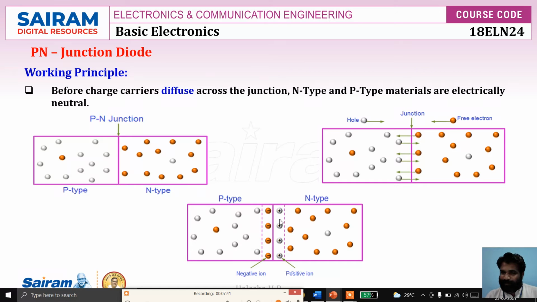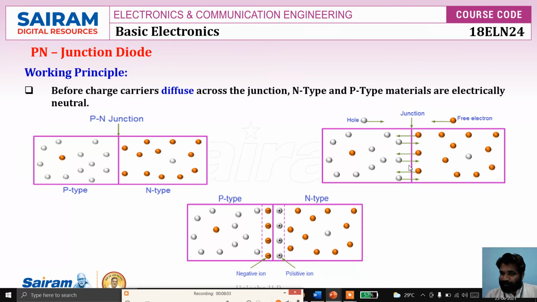Here, electrons are moving towards this side, no? So these electrons are accepted by the holes. Since they are accepted, it becomes a negative ion. See, a negative ion, and then it forms a negative charge at the P-type.